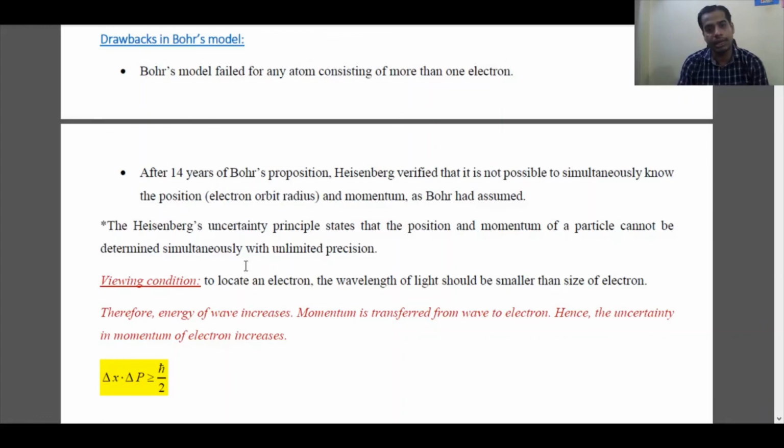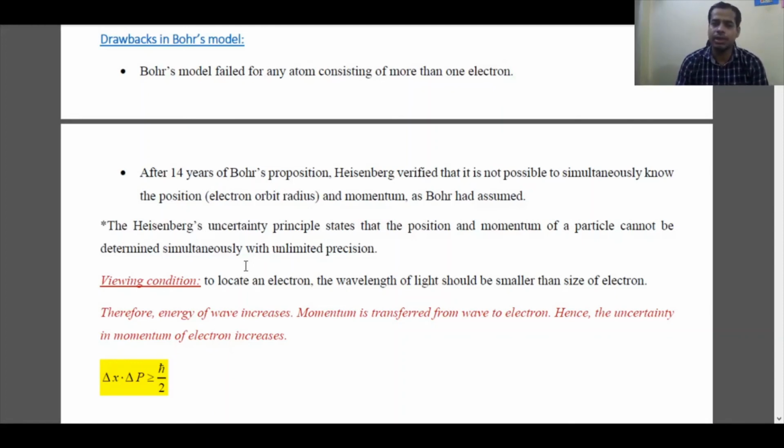That electron will gain that momentum and skid off from its initial position. So although we can see the electron using that light, we cannot measure the momentum of the electron, because the light will have sufficient momentum to displace the electron from its position. So we cannot measure position and momentum simultaneously.